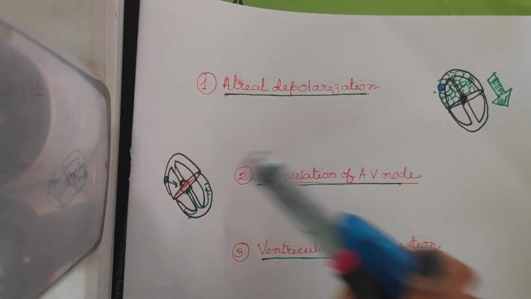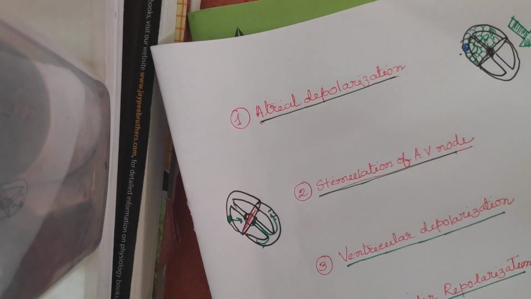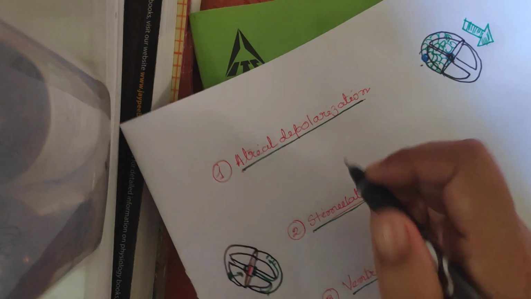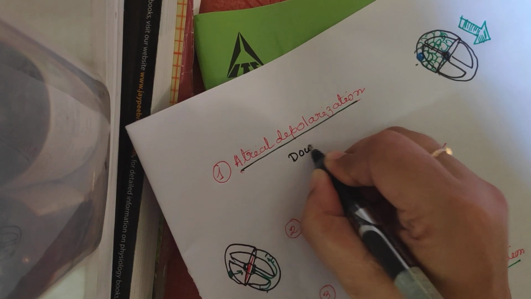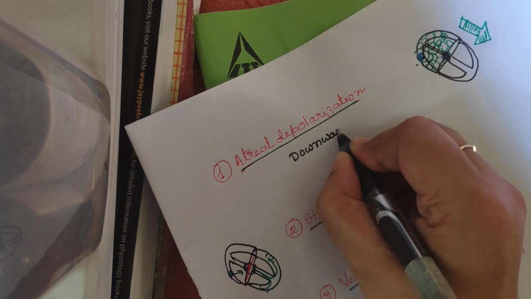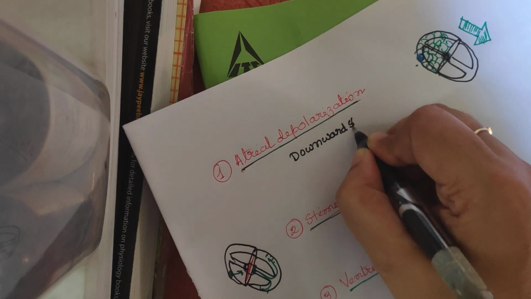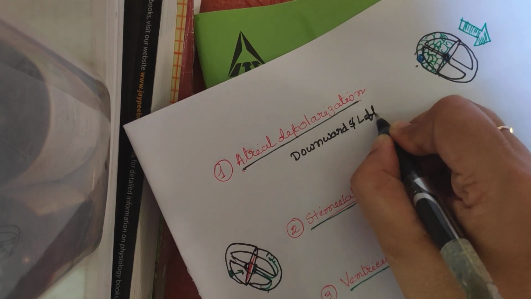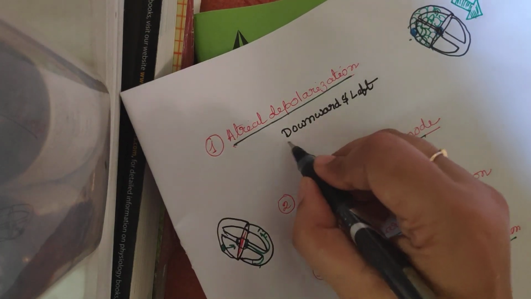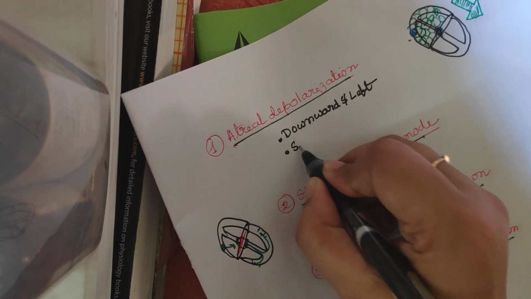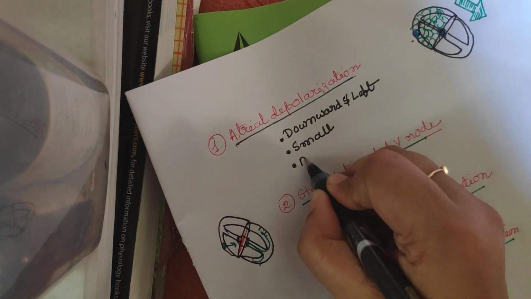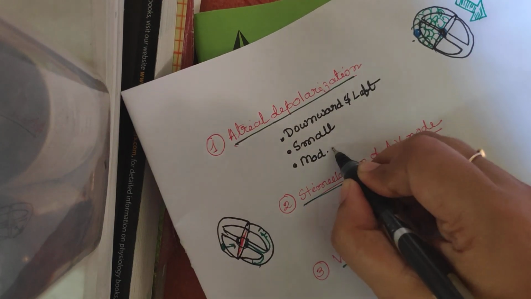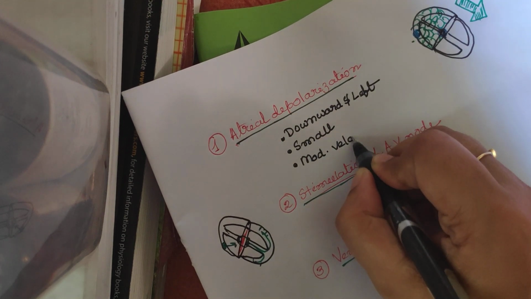We can write it this way: the vector is directed downward and to the left. Secondly, it is a small vector and the velocity is moderate.